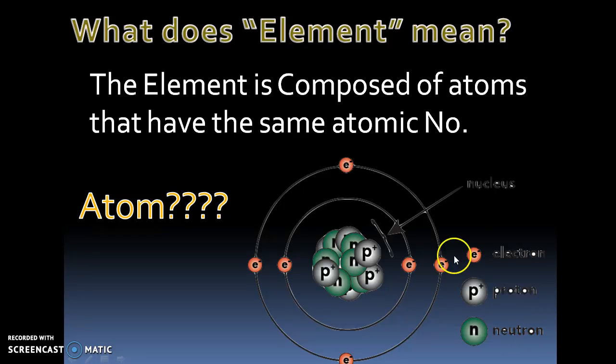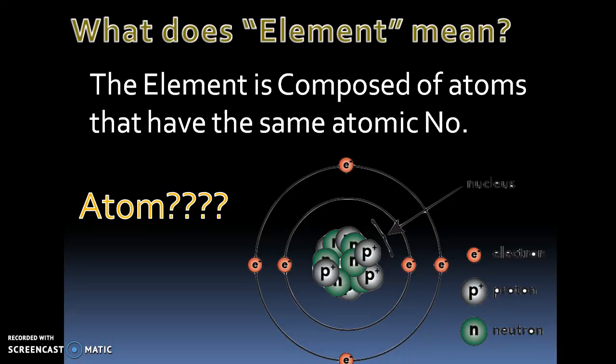As we see here, we have an atom which contains positively charged protons and neutral charged neutrons inside the nucleus, and outside the nucleus there are energy levels which have electrons.